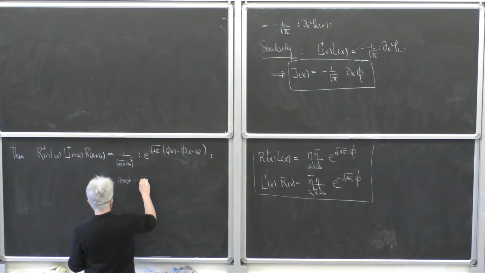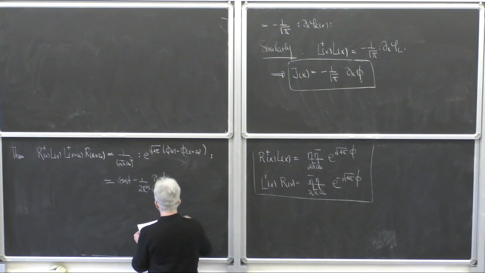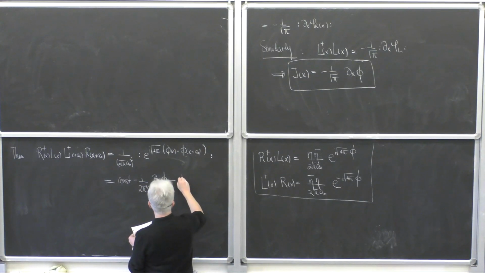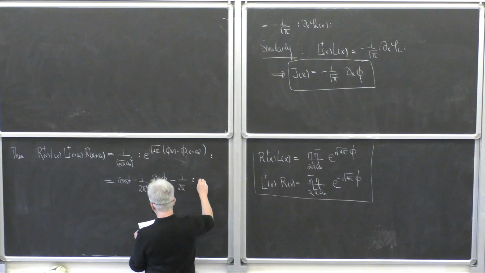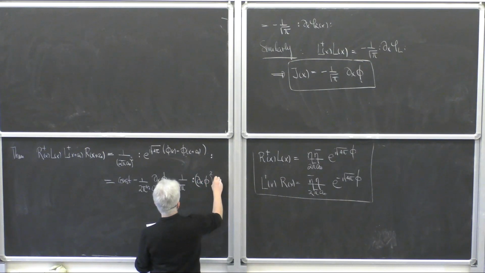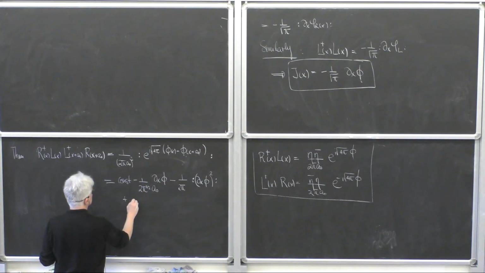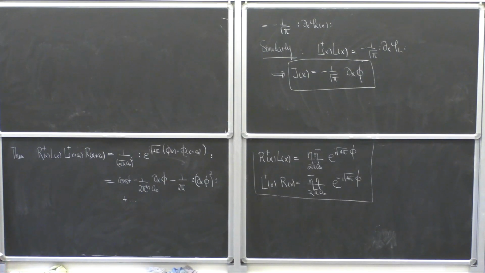Now minus i divided by 2 pi 3/2 a naught dx phi, and then the next term I get is 1 over 2 pi, and here I have to keep the normal ordering, dx phi squared, plus dot dot dot. So higher orders in a naught, so to speak, which I will drop.